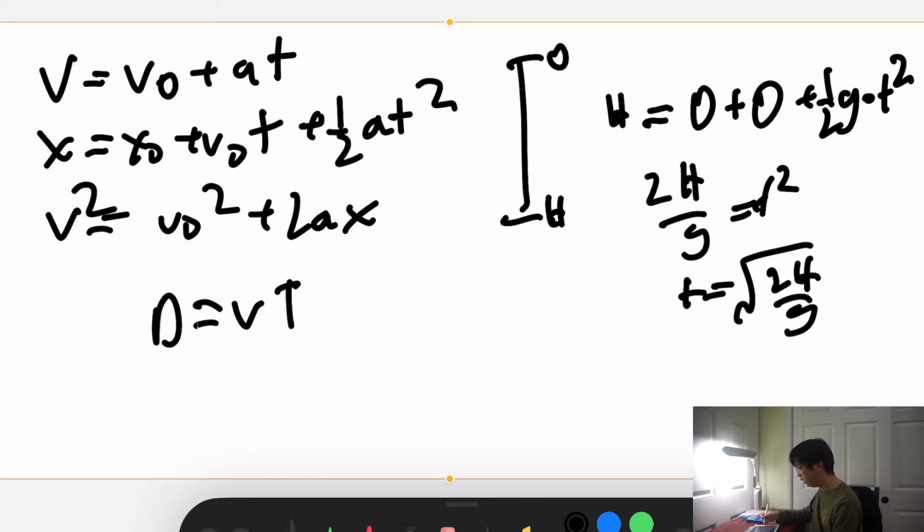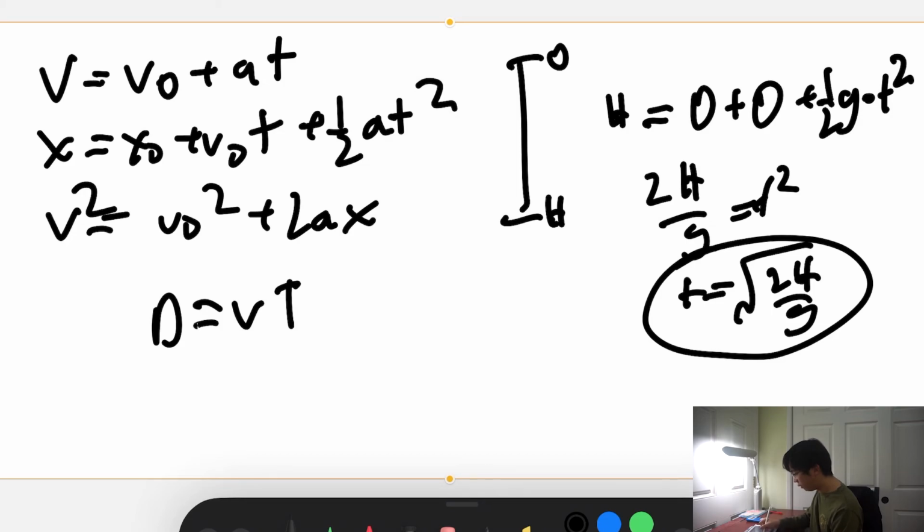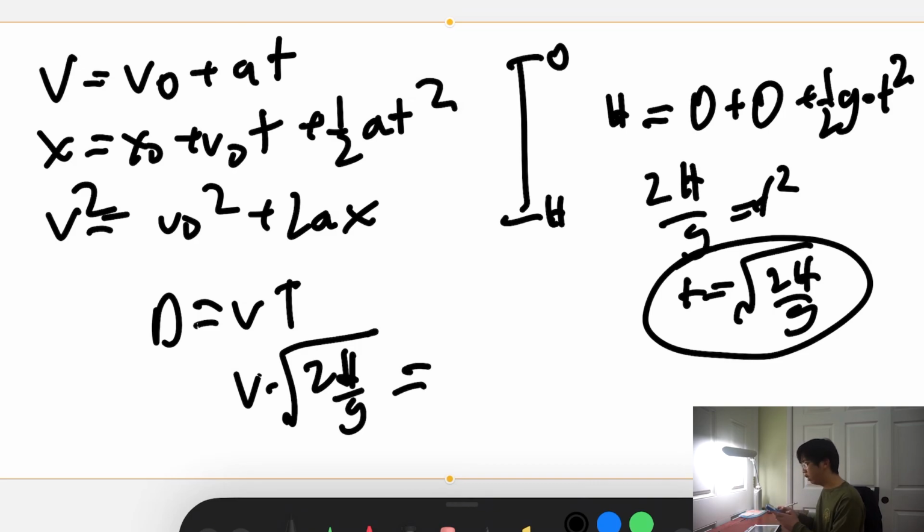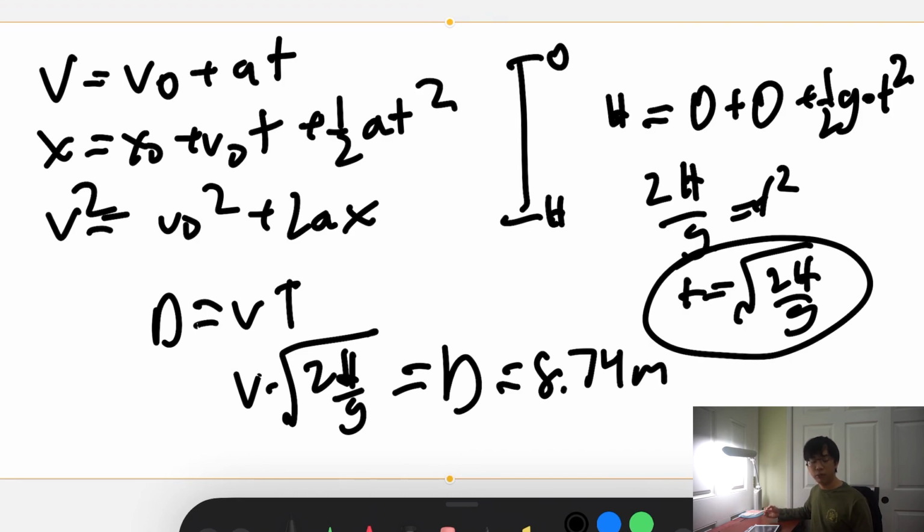Now, we calculate t over here, meaning that v times the square root of 2h over g is equal to d. Now we can substitute in numerical values to get that d is approximately 8.74 meters, meaning that the ball travels 8.74 meters before hitting the ground.